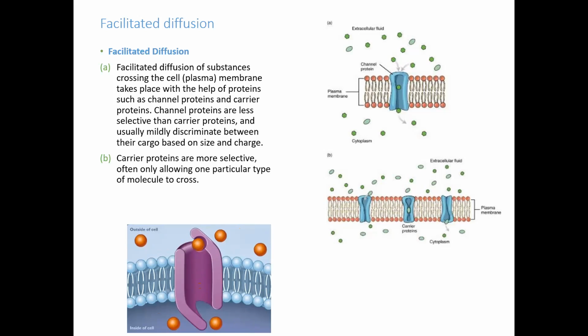But the carrier proteins are specific, usually specific for different types of ions. For example, in this illustration, this animation down here, we see a carrier protein that opens up on one side and lets a substance come through. Now that may be an ion, maybe a specific type of ion. It may be glucose. It's how we get substances into the cell passively, bypassing the membrane.